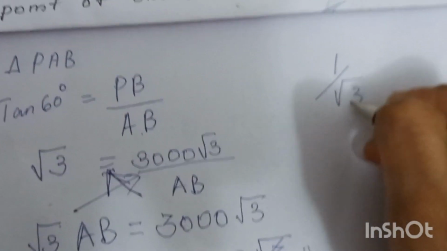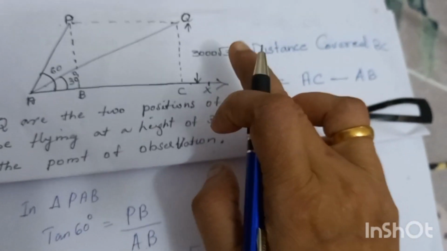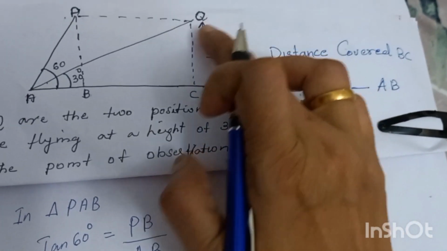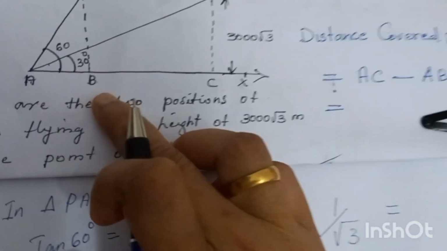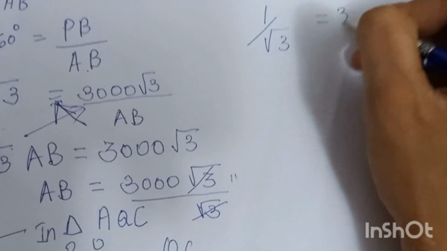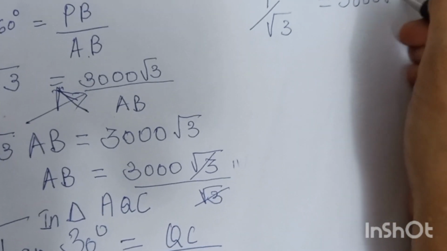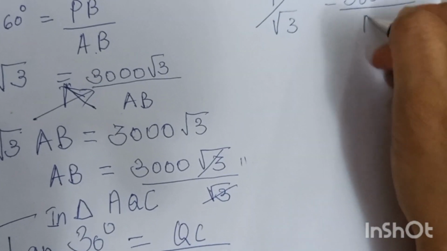So 1 by root 3 is equal to QZ divided by AC. Earlier I told you QZ and PB are equal, so it is equal to 3000 root 3 divided by AC.